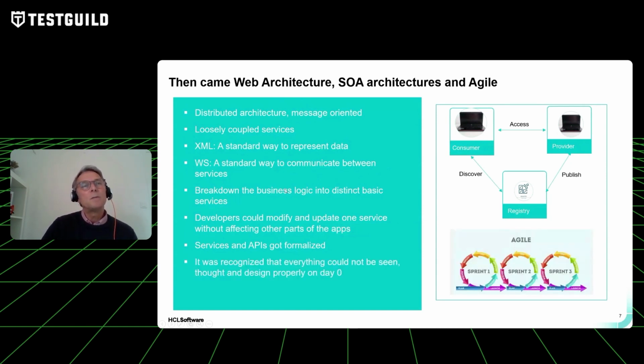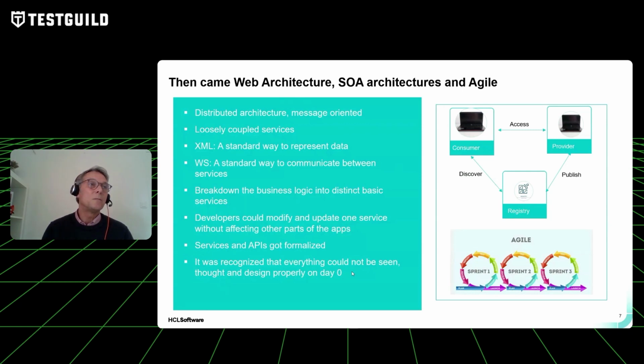About the V diagrams, it was also recognized that it was absolutely not possible to see everything and to predict everything in documents before starting anything, any spikes and any risk assessments and all that sort of thing. So the agile method was all about this.